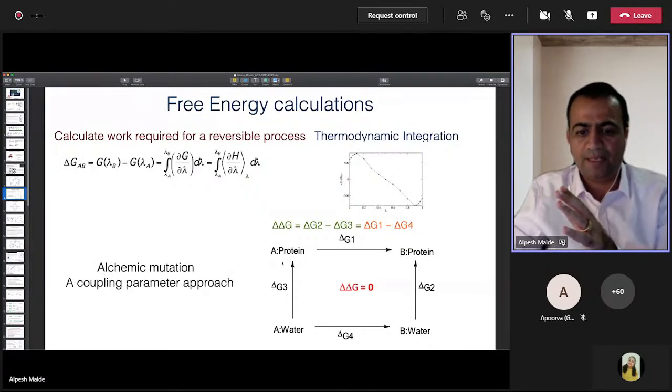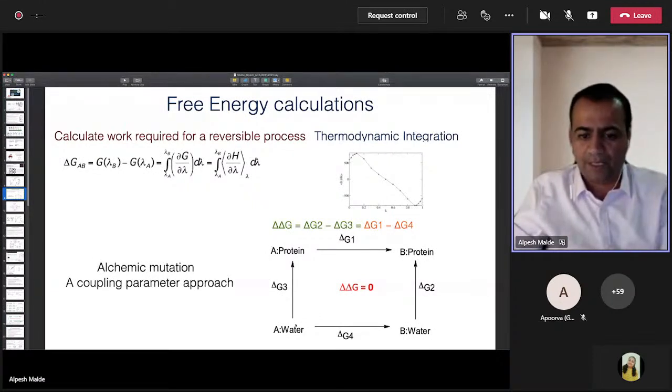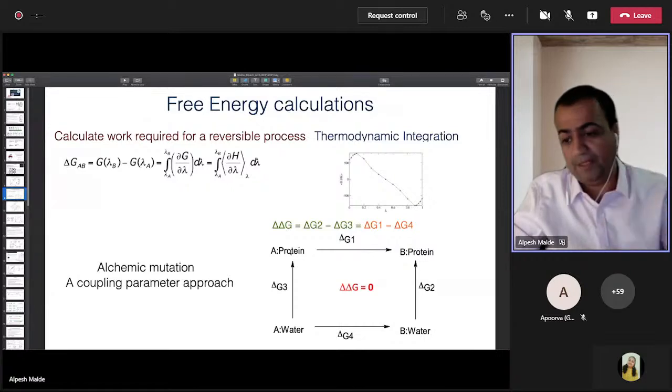Now to simplify that, for example, we have a state A bound to the protein and there's a state A in the water. So the free energy of binding of A from water to the protein is delta G3. And for state B, it is delta G2. Now delta G3 and delta G2 are the ones you measure by experiment. But for computational calculation, they are very, very expensive.